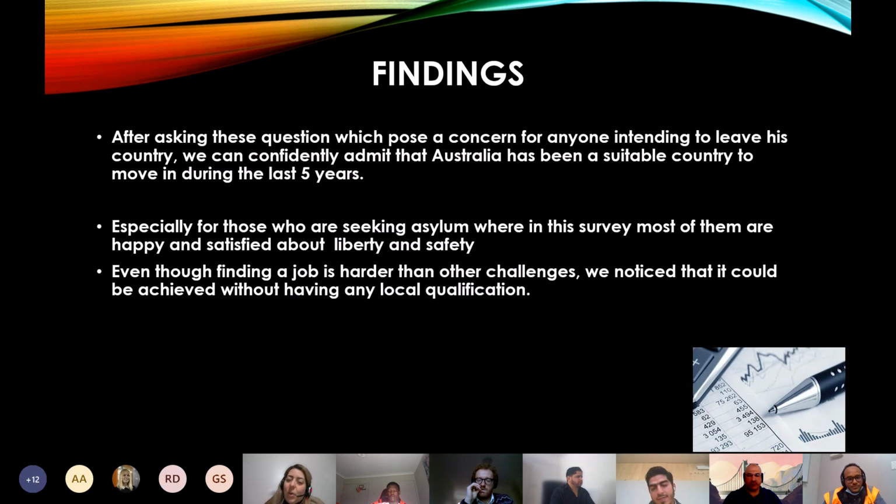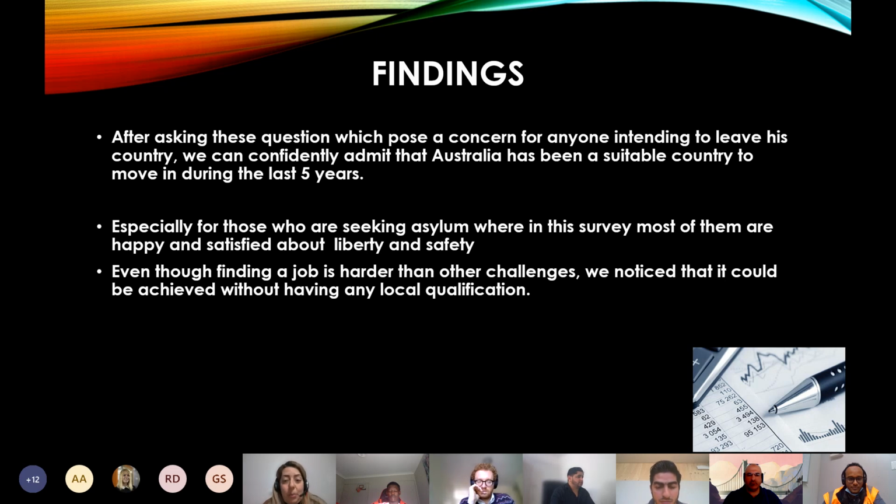After asking these questions, which pose a concern for anyone intending to leave his country, we can confidently admit that Australia has been a suitable country to move to during the last 5 years, especially for those who are seeking asylum, where in this survey, most of them are happy and satisfied about their liberty and safety here.